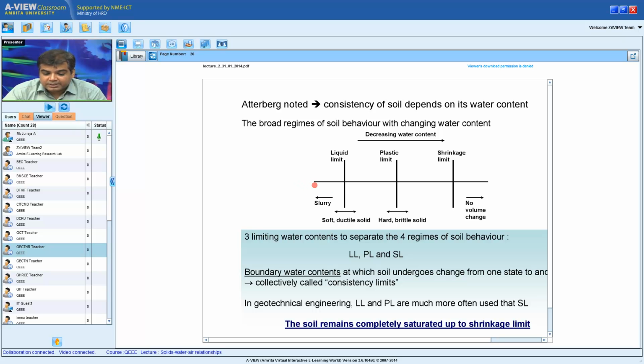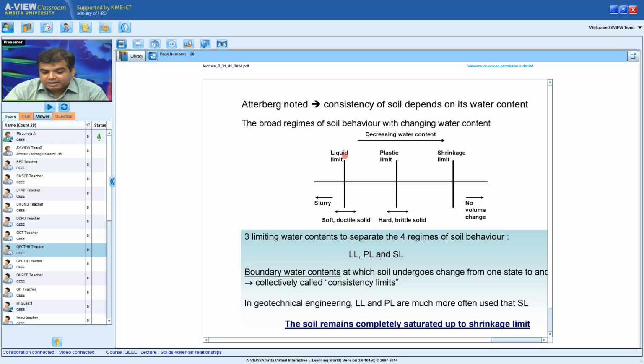If the water content gradually starts to reduce from left to right, what you see is the consistency of the soil now turns soft, meaning it starts to behave ductile, it's easy to mold, so some amount of ductility starts to come in.